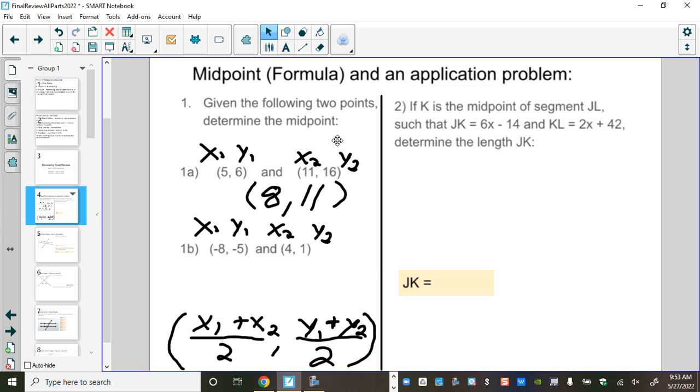And the second one is similar, but remember, watch your negatives. I think you're going to get a negative value from maybe both of them. And while you're doing that, I'm going to show you the setup for the next problem. Very good on the first one, Valerie.